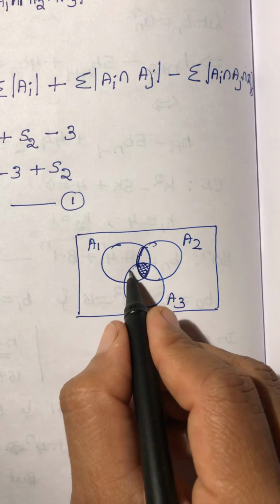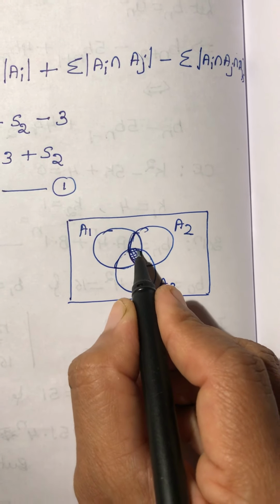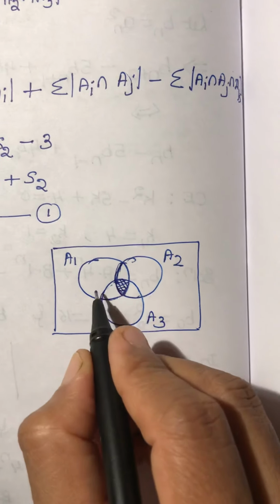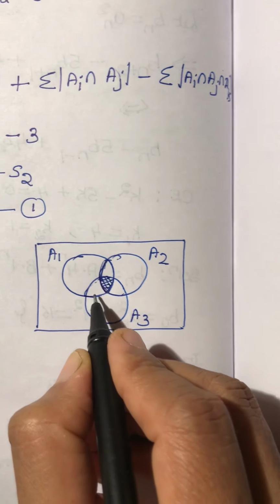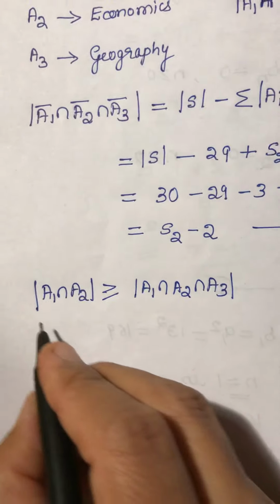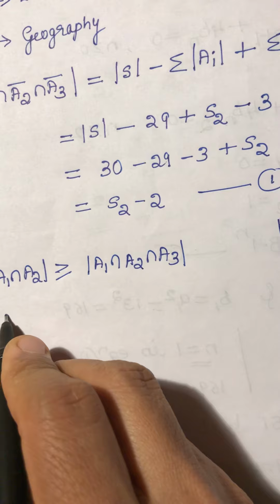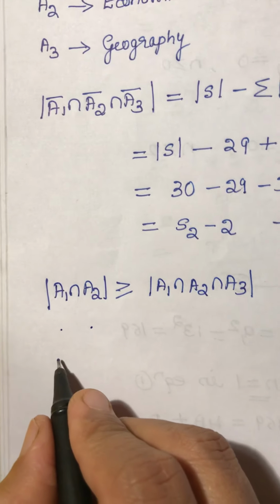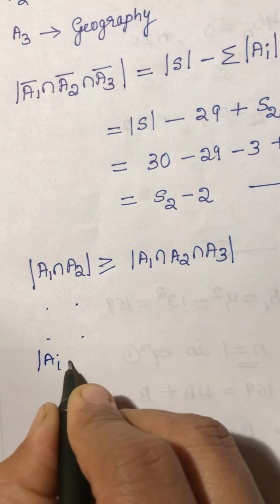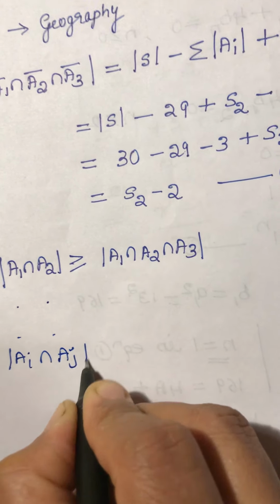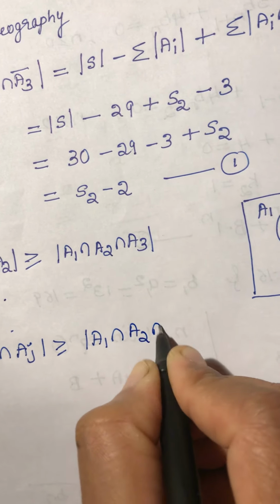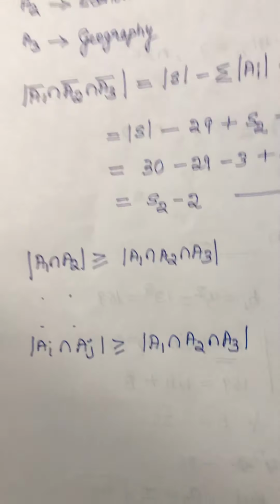The same goes for A1 intersection A3. So in general we can say AI intersection AJ has at least as many elements as A1 intersection A2 intersection A3.